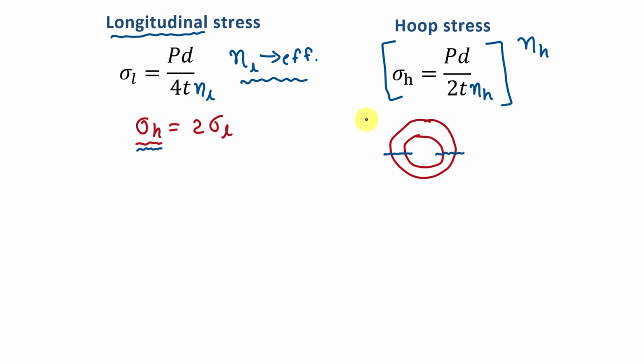Now we have also discussed that in the radial direction there is a stress which is called radial stress, sigma R. Generally for a thick cylinder, the value of sigma R is minus P. It means if pressure is P, then the stress in the radial direction will be compressive in nature, with value minus P. But we have discussed that for a thin cylinder, the value of this radial stress is very small, so we neglect the radial stress in the analysis of a thin pressure vessel.